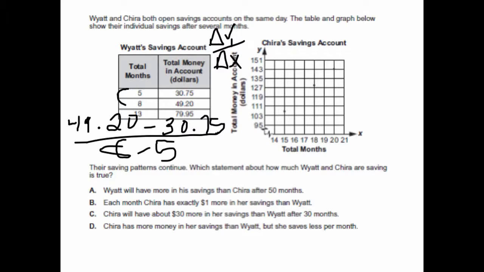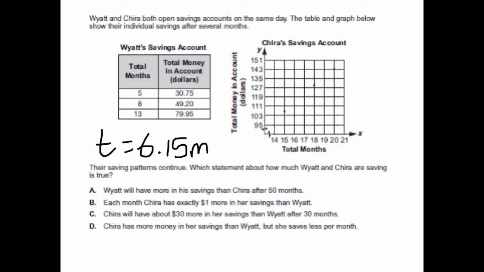That's going to come out to 18.45 divided by 3, which is 6.15, which means that Wyatt is saving $6.15 every month. I'm going to erase this so it looks nicer. All right, I also went ahead and wrote an equation. The total amount of money equals $6.15 saved per month times the number of months.